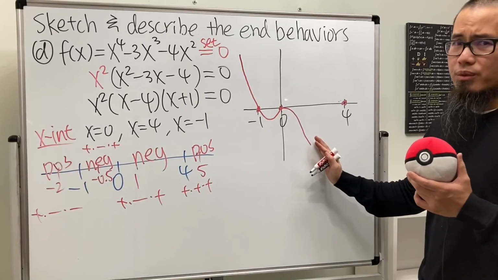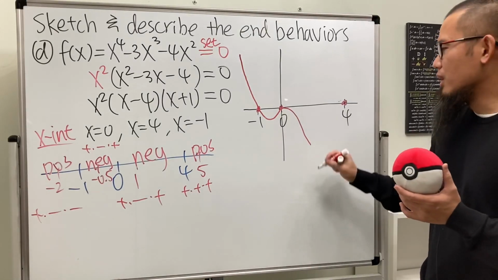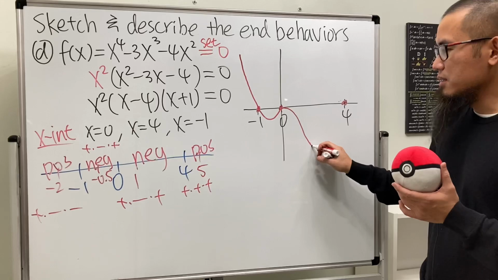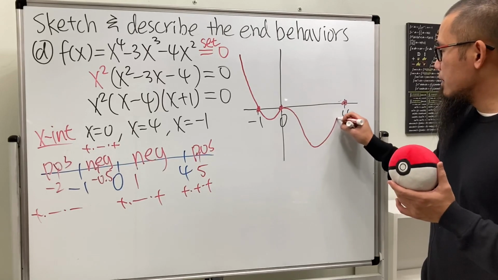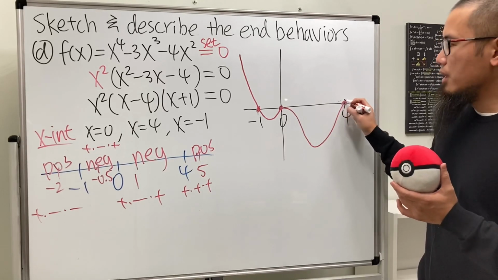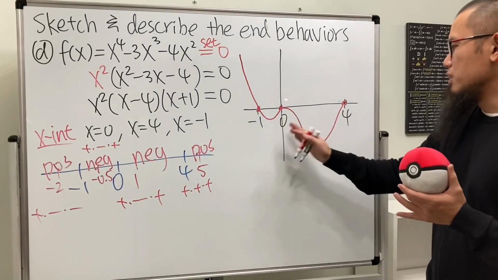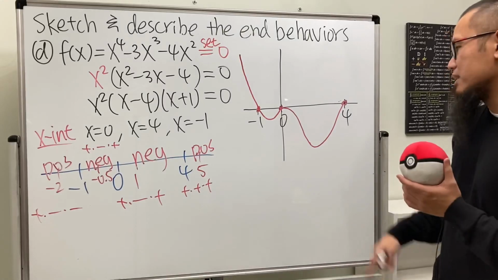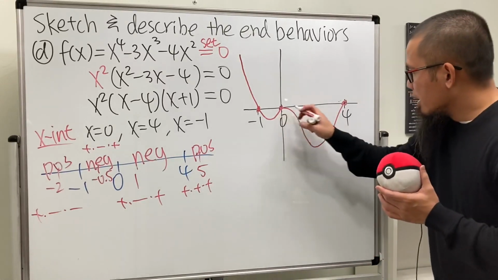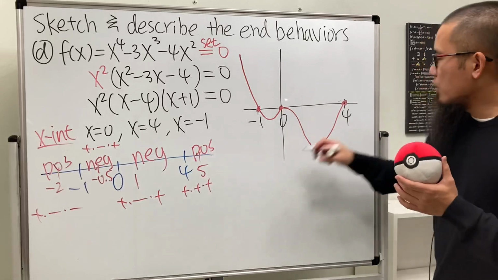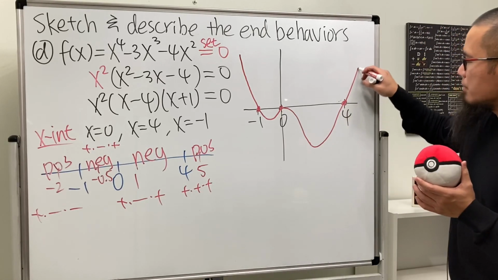It's not necessarily in the middle, but I'm just going to curve it down like this and then turn back up to hit the 4. Once again, the local minimum here is not necessarily at 2, we don't know, but this is okay. Anyway, lastly, after 4 it's positive, so I'm just going to go up like that.